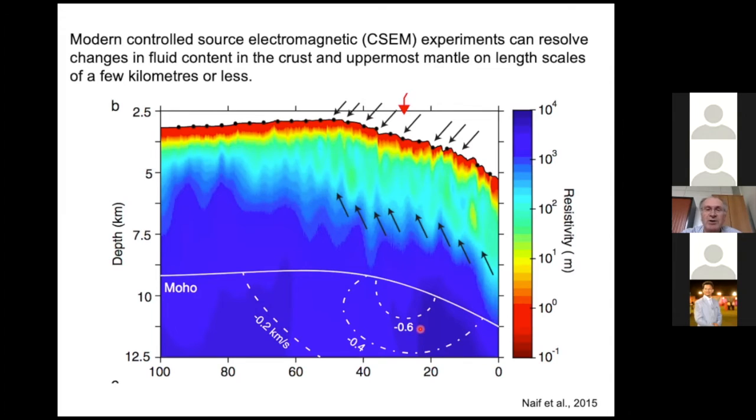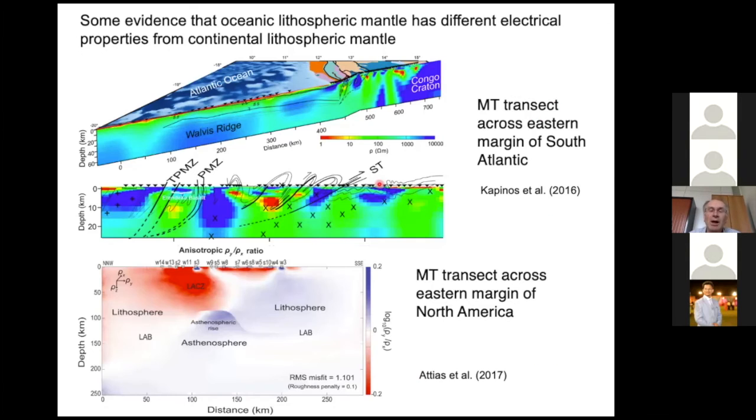So this is some work by the Scripps group on a convergent margin where they're showing the flexural bending faults, and they see resistivity contrasts associated with those faults that they attribute to changes in porosity primarily. So we can see that with electromagnetic methods, and then there's also some evidence that we might see some differences in the electrical properties between continental lithospheric mantle and oceanic mantle.